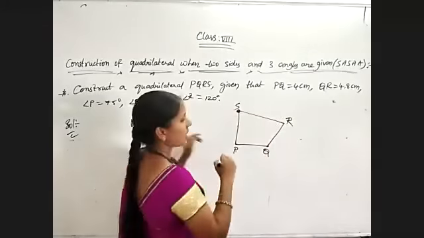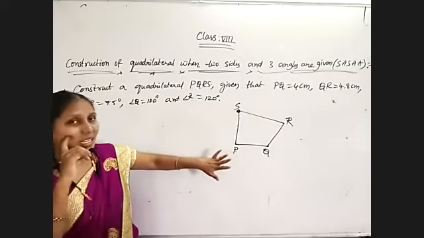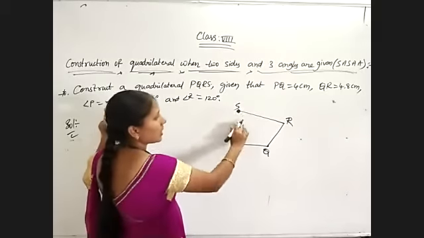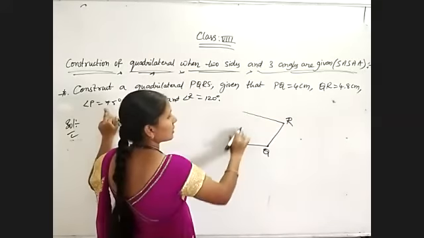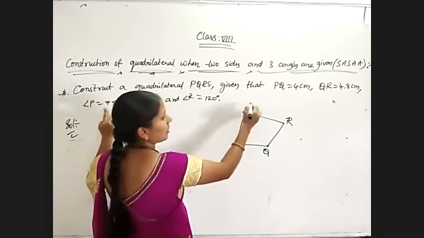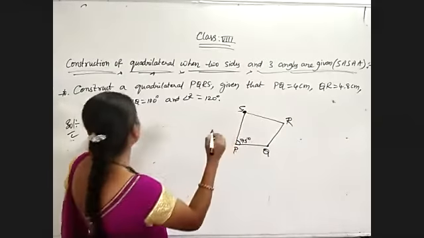PQRS. See why I am drawing the rough figure in the same way. Observe here, angle P is given as 75 degrees. That means less than 90 degrees. Like this an acute angle will be obtained. Okay, 75 degrees, an acute angle.